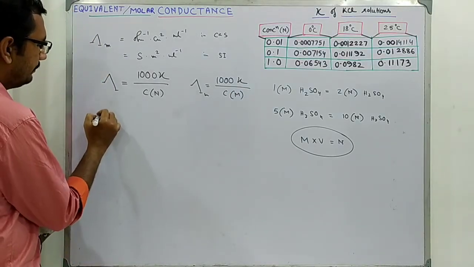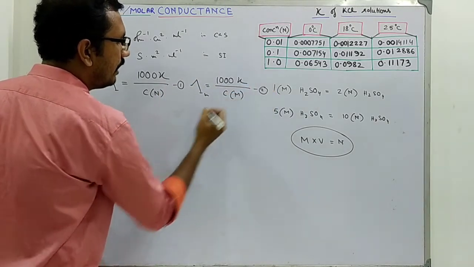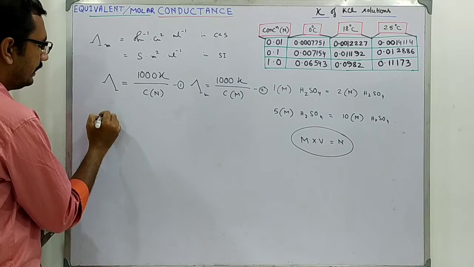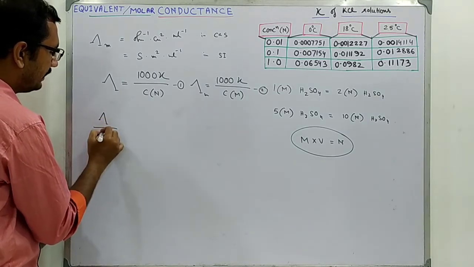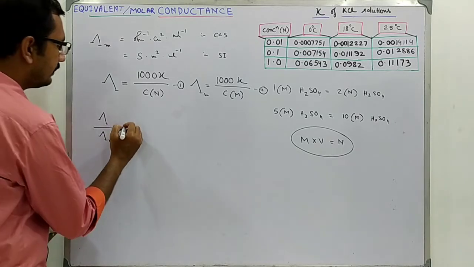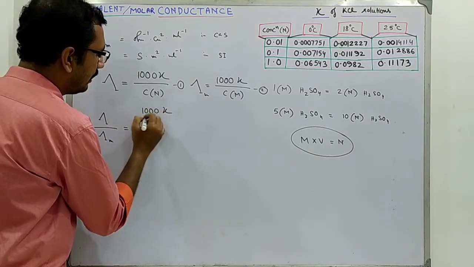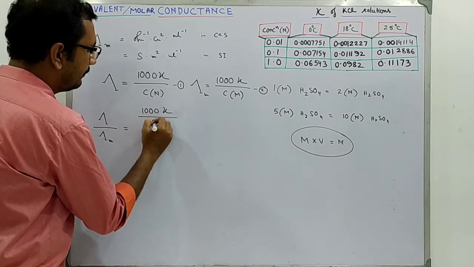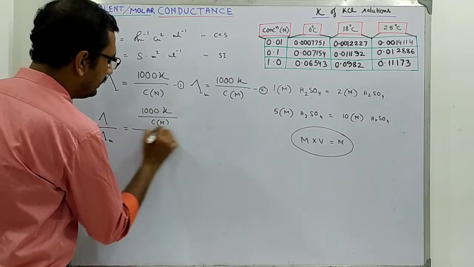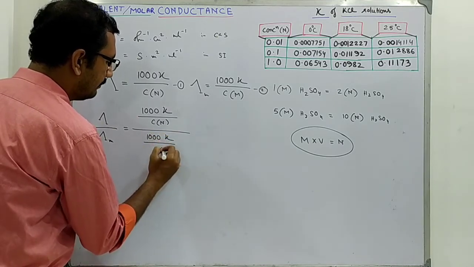Now, if we divide this equation 1 by equation 2, then we will get lambda by lambda m, that is equivalent conductance by molar conductance, equals to 1000 kappa by C normality by 1000 kappa by C molarity.